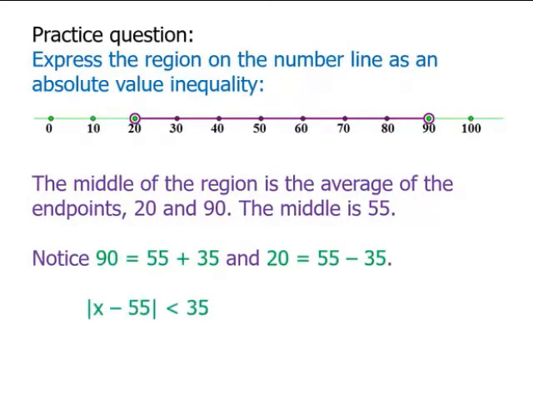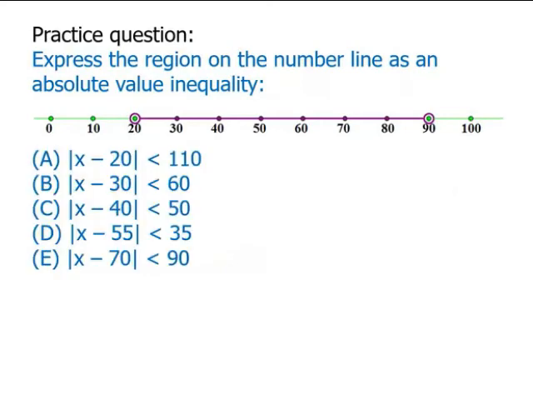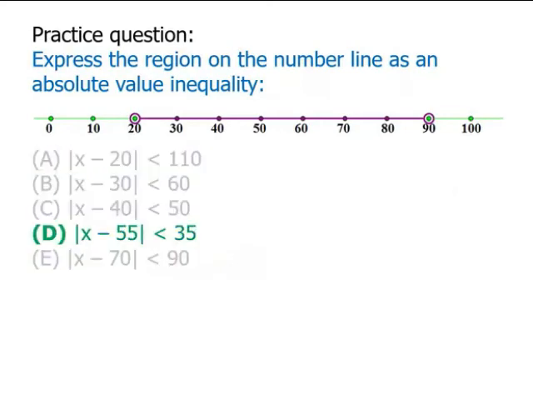So that is absolute value of x minus 55, the distance from 55 is less than, but not equal to, 35. And so this is the correct answer. We remember this, go back to the answer choices, and choose answer choice D.